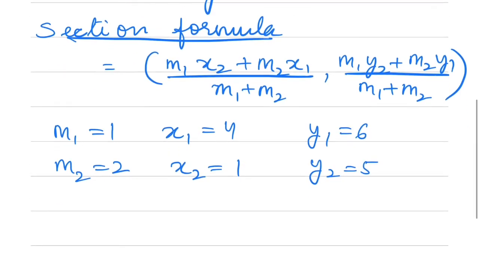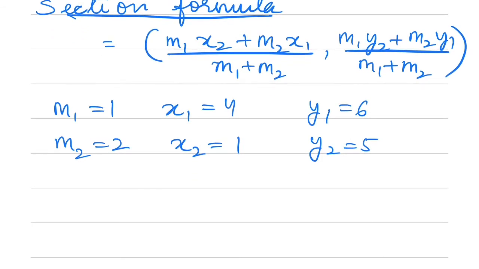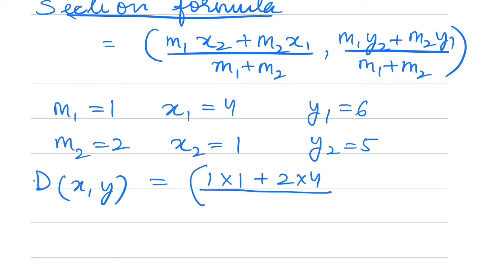So now let's substitute. The coordinates of point D: x is equal to (1 into 1 plus 2 into 4) divided by (1 plus 2), and for the y coordinate we have (1 into 5 plus 2 into 6) divided by (1 plus 2).